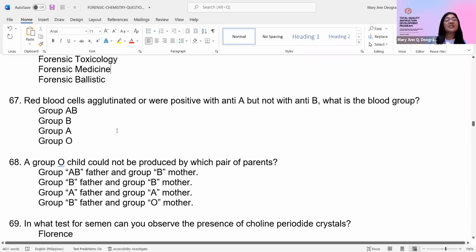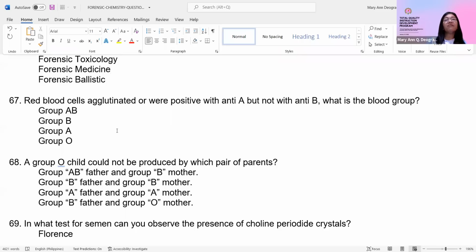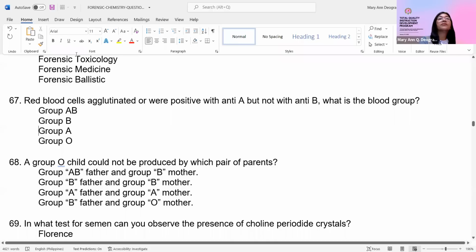Red blood cells agglutinated or positive with anti-A but not with anti-B. What is the blood group? Is it fresh or an old blood? Okay, fresh. So, anong sagot natin? Group positive with anti-A. Okay, so group A, syempre. Direct technique, kung saan siya nag-positive, yun ang blood group. Depende lang sa bagsak ng tanong yan eh.